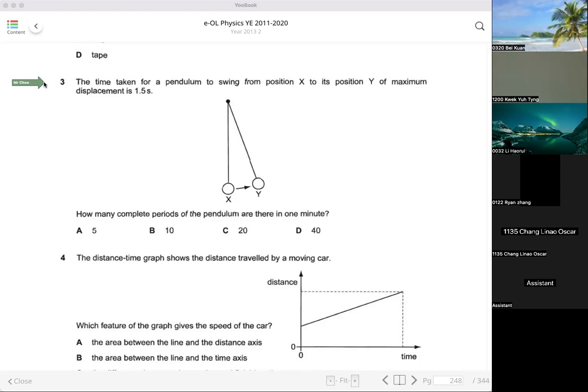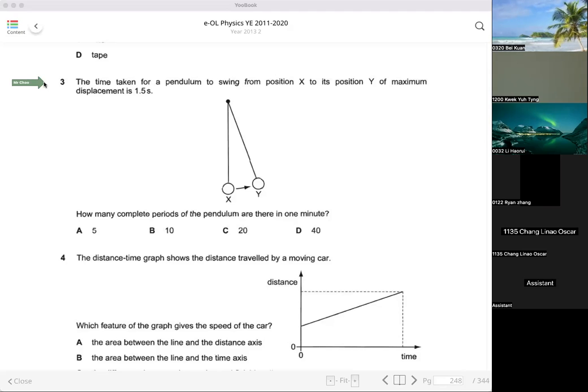Haorui, well done. I'm very happy to see that Beikuan is not the last to answer today. Keep it up, Beikuan. I want to see this kind of speed for the rest of today's lesson. Huaixin, can you try again? Okay, very good, Huaixin.